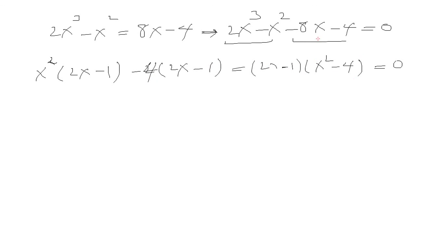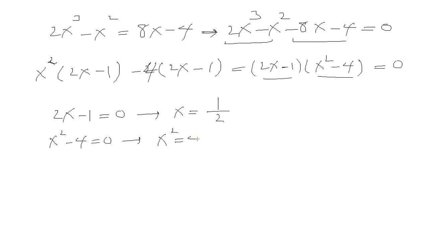Okay, let me check that. I factor out -4. That's good. I use the zero factor property. In order for this equation to work, either this is 0 or this other factor is 0. 2x minus 1 being 0 implies that x is 1 over 2, and x squared minus 4 being 0 implies that x squared is 4.